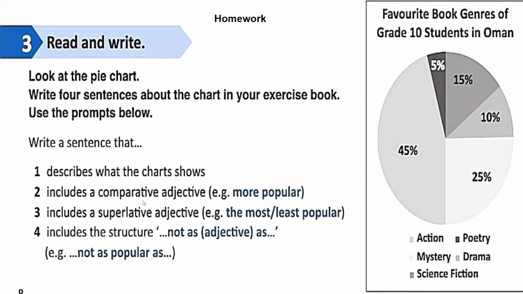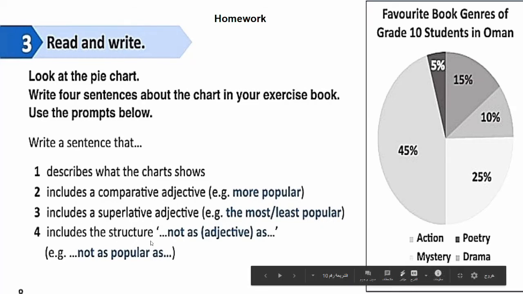Includes a comparative adjective. Example, more popular. Includes a superlative adjective. Example, the most or the least popular. Includes the structure not as, adjective, as, or not as popular as. This is an example.